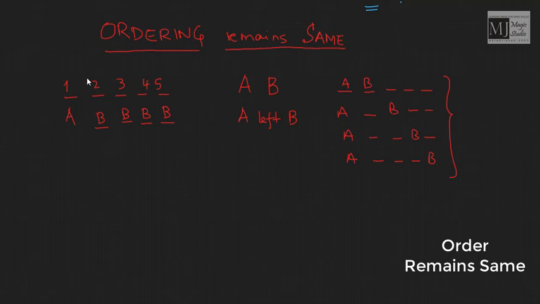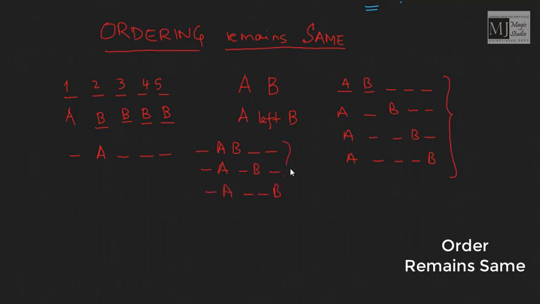Now in the second case, if A is sitting on seat number 2, B can't sit on seat 1. B can be sitting on any of the 3 remaining positions to the right.